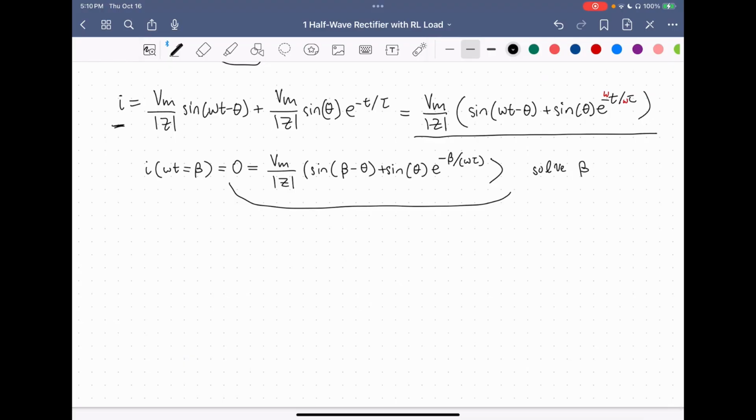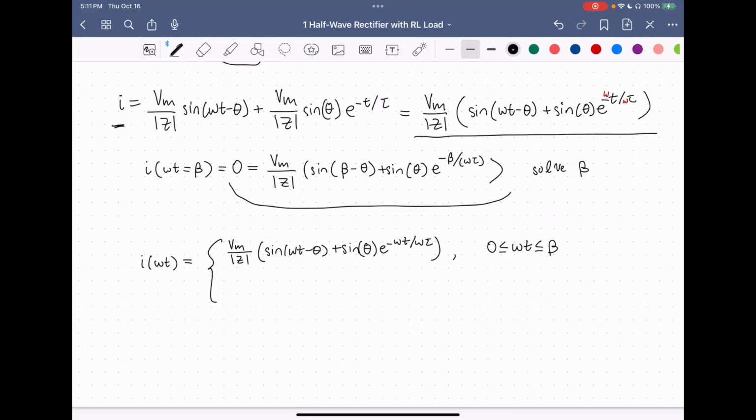I of omega t, for the period from 0 to the extinction angle beta, is equal to Vm over the magnitude of Z times sine of omega t minus theta plus sine theta times e to the negative omega t over omega tau.